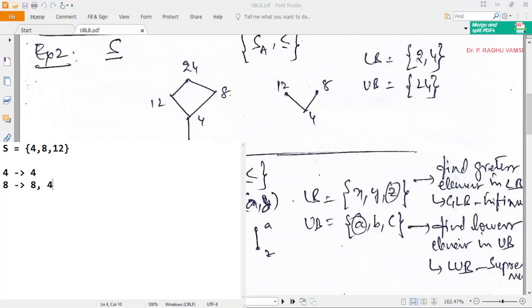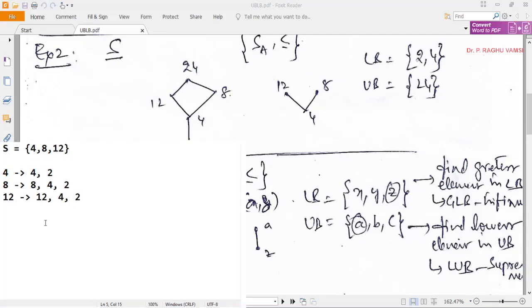According to the diagram, below 4 there is an element called 2. 2 is available. Next 12. If it is 12, then 12 can also be considered, and below 12, 4 is there.